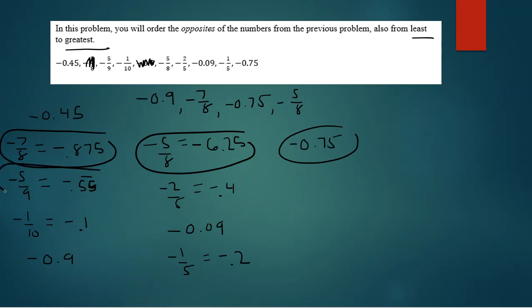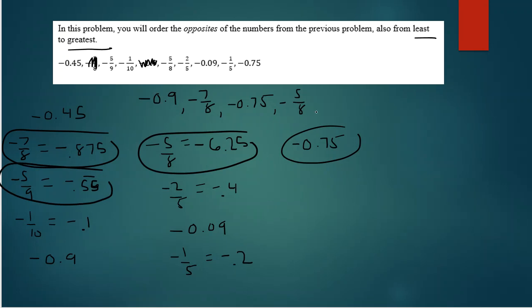Then we're going to have the negative 5/9. Okay, so we've done negative 5/9, negative 5/8. Okay, and then from there, we're going to have the negative 0.45.